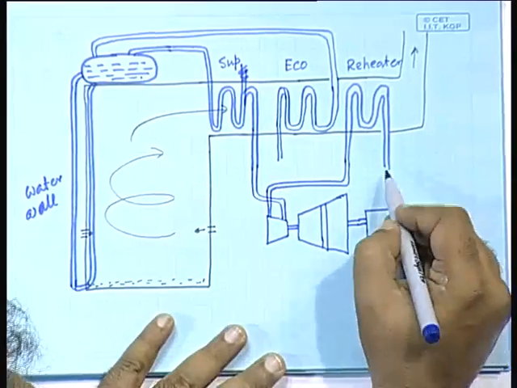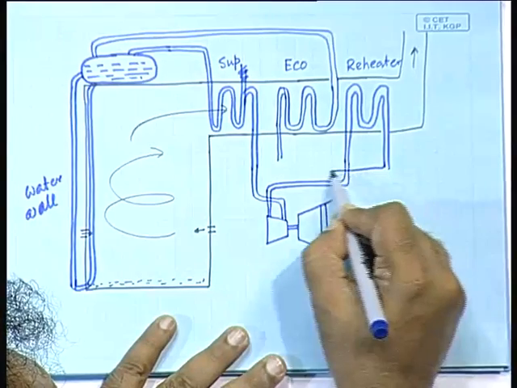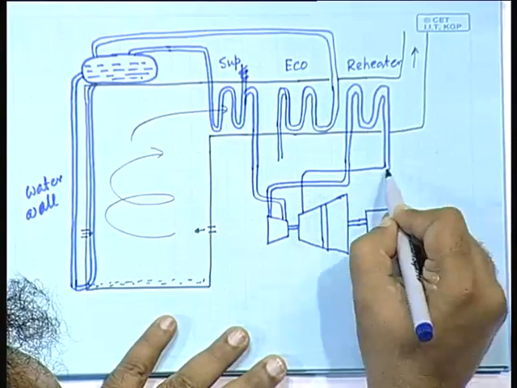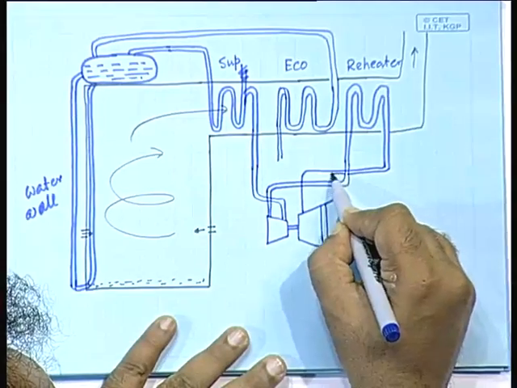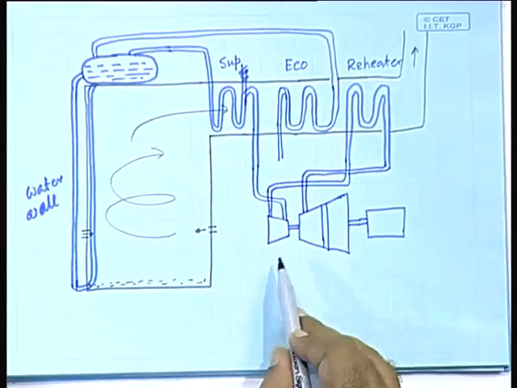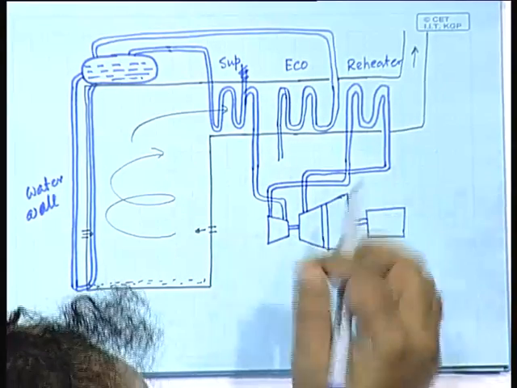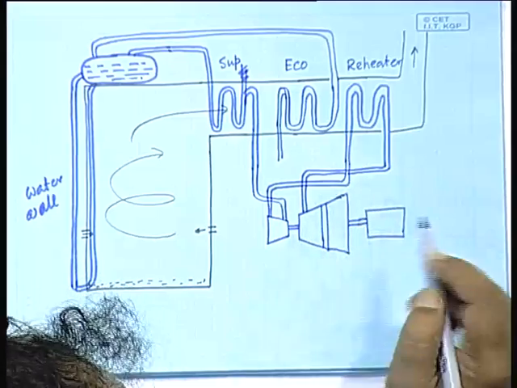And the reheater output is fed into the turbine. Is the structure now clear? Probably I could have drawn it a little simpler so that there is no overlap, but nevertheless you can understand what it is.